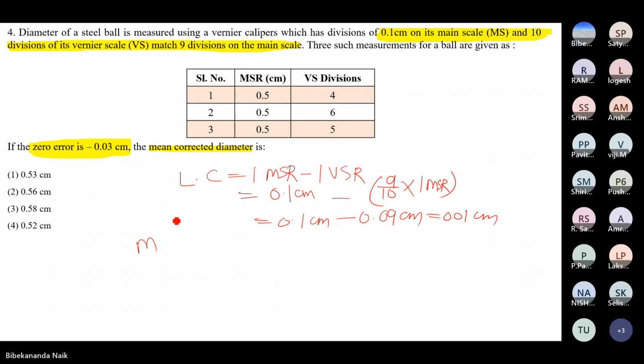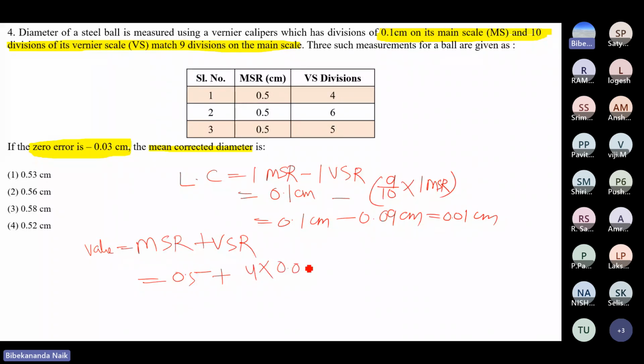Now the measured value will be how much? The value of the measurement will be main scale reading plus vernier scale reading. So main scale reading is 0.5 plus vernier scale reading, which will be vernier scale division into least count.